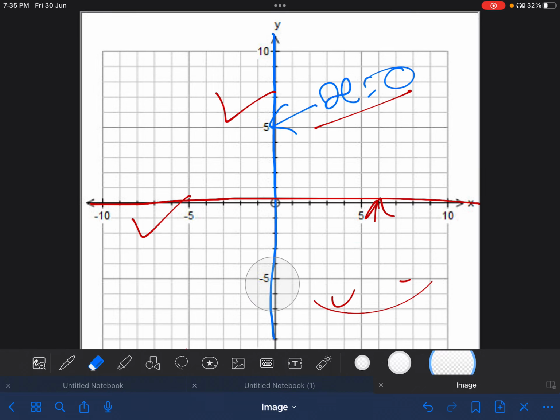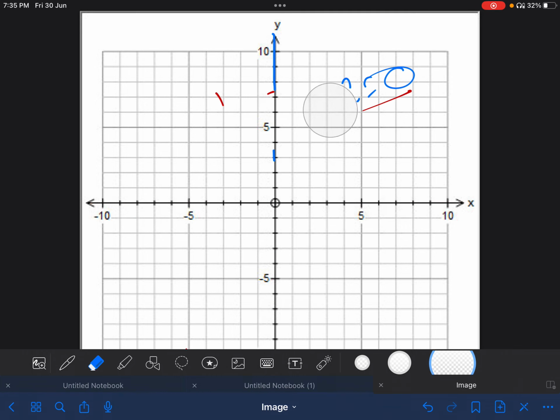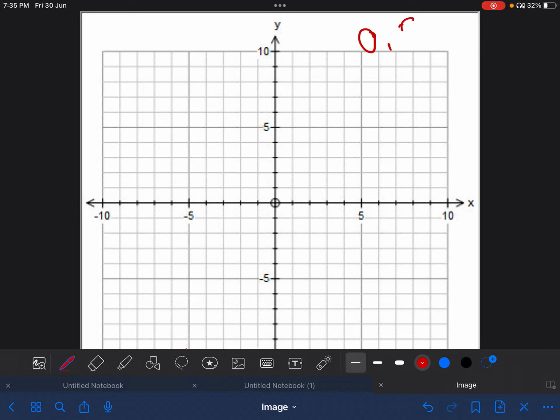Now let's take an example. We have to plot a few points over here. Suppose 0, 5. Next one 0, -5. 5, 0.